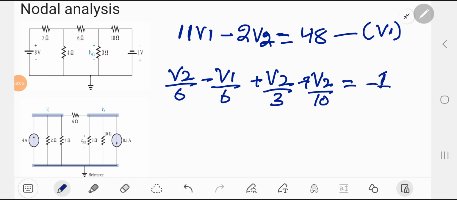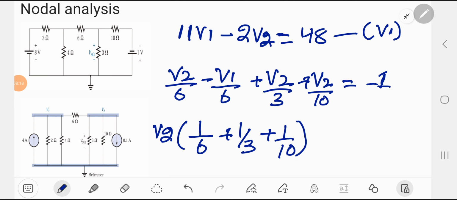So here V2 is common among 1 over 6 plus 1 over 3 plus 1 over 10, minus V1 divided by 6 is equal to 0.1 ampere current.